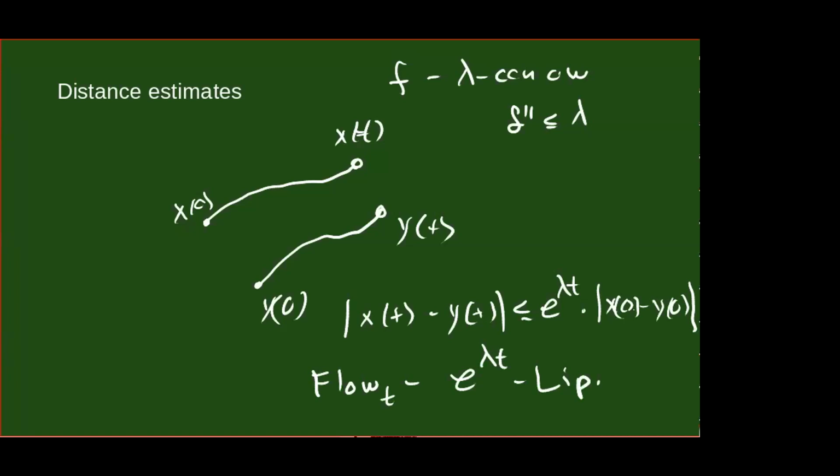Okay, that's one of the important properties. For example, if your function was concave, then the gradient flow is not expanding, a distance non-expanding map.